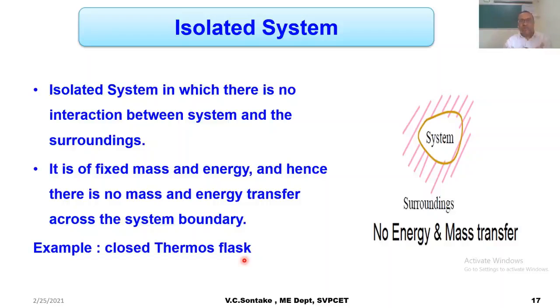So what is the utility of such a system? That is why an isolated system has no engineering utility. From the utility point of view, open systems are best considered as engineering systems, and to some extent closed systems.